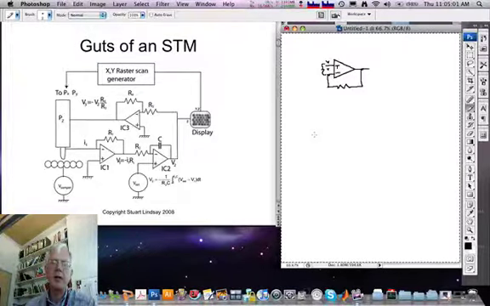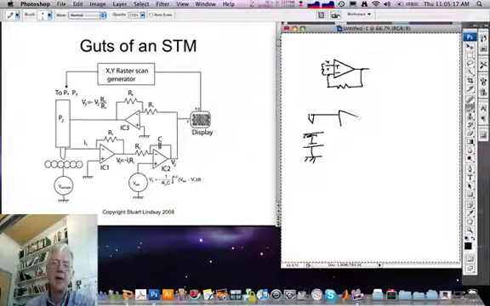The first element you see here is a current to voltage converter. In this arrangement, the sample itself is held at some particular bias with respect to ground. The STM probe is connected to the input of an op-amp working as a current to voltage converter. The non-inverting terminal is grounded, which means that this terminal will be held at ground by the negative feedback.